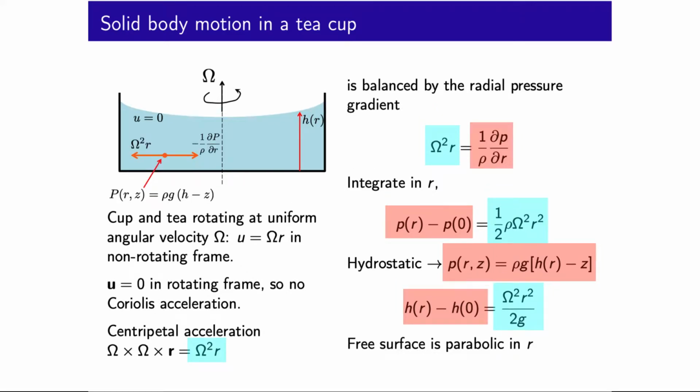That is, the free surface is parabolic in r. So, for solid body rotation, the radially outward centripetal acceleration must be balanced by a radially inward pressure gradient, which is achieved by the tea free surface adopting a parabolic shape.